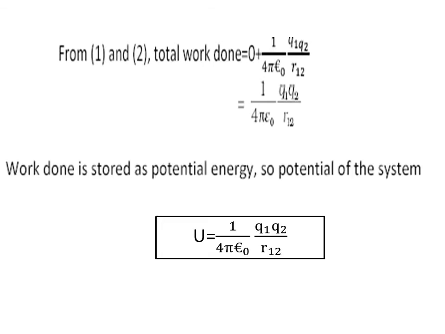So potential energy of the system of two charges q1 and q2 separated by a distance r12 is 1 by 4 pi epsilon 0 q1 q2 by r12. This is the equation for potential energy of a system of two charges q1 and q2 separated by a distance r12 and placed in air or free space.